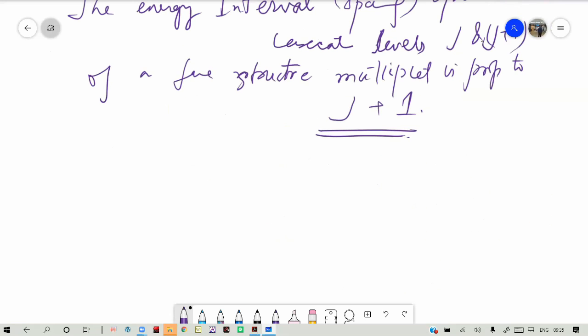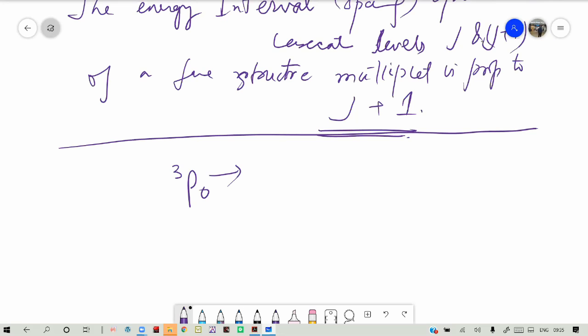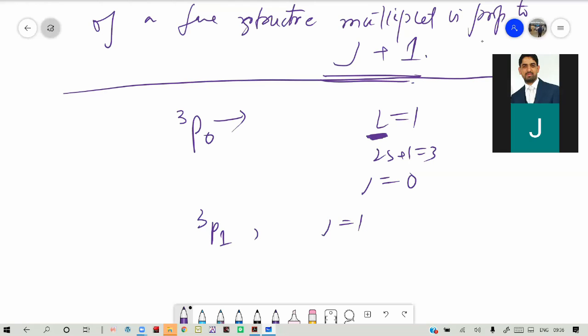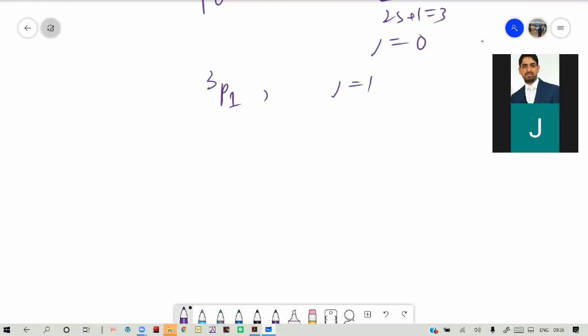So for example, we have 3P0. You understand 3P0, P means L is equal to 1, the total L for the atom as a whole, and 2S plus 1 is 3, J is equal to 0. Similarly, if we have another level 3P1, here J is equal to 1, and for 3P2, J is equal to 2.